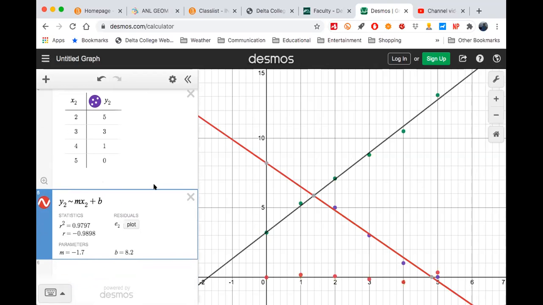Actually, it looks like we can round to one place after the decimal because everything is just given that way.